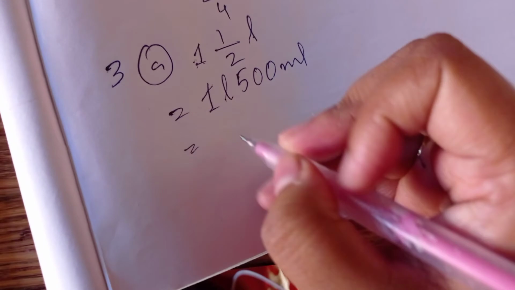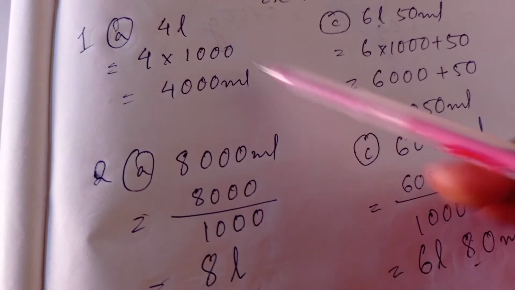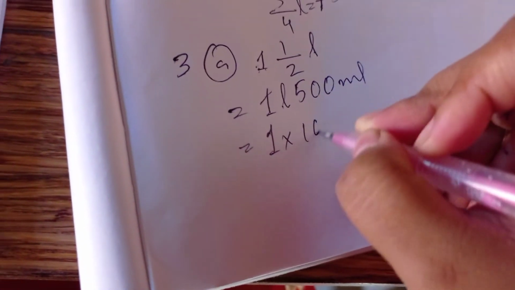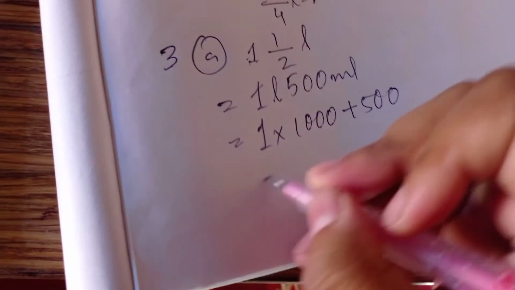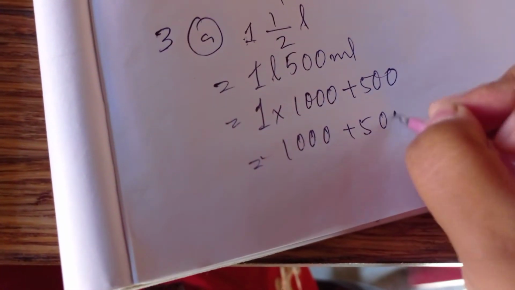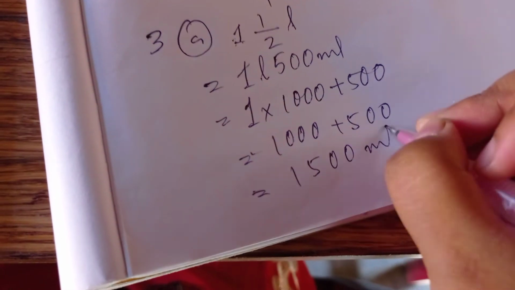So 1 liter is how many ml? 1000, you need to multiply, plus 500. So 1000 plus 500 is equal to 1500 ml.